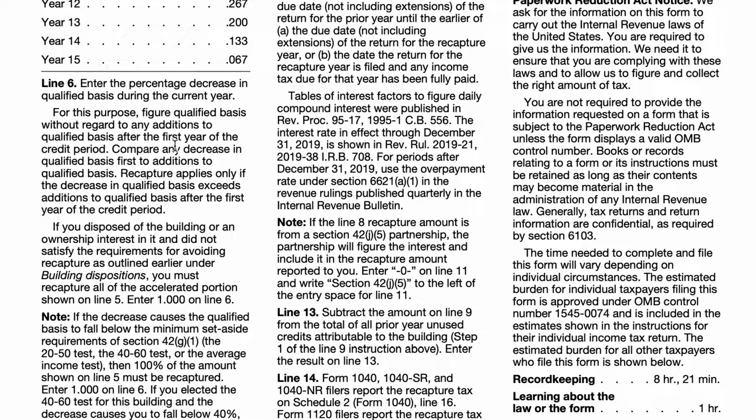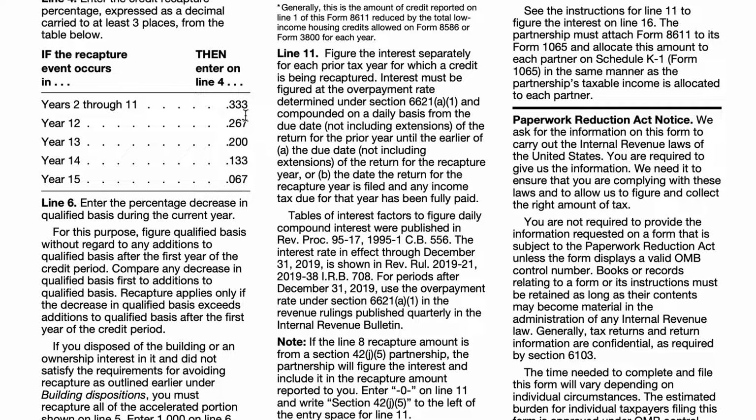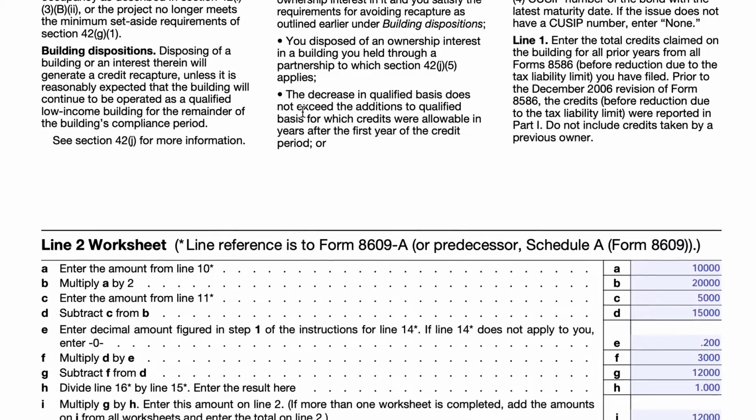And the recapture only applies if the decrease in basis exceeds the additions in basis after that first credit period. So in other words, if you are putting more into the basis than what you decrease the basis over that 15-year period, then you're basically increasing the amount and decreasing the recapture possibility.